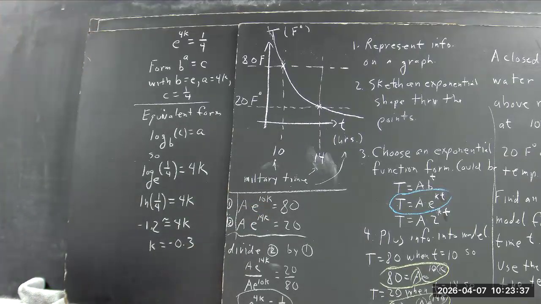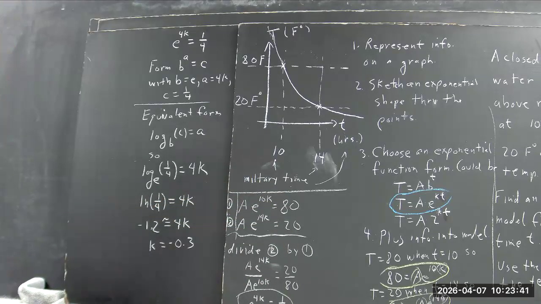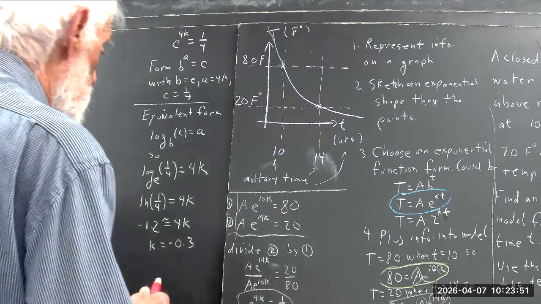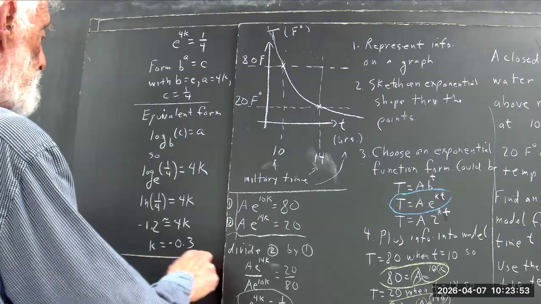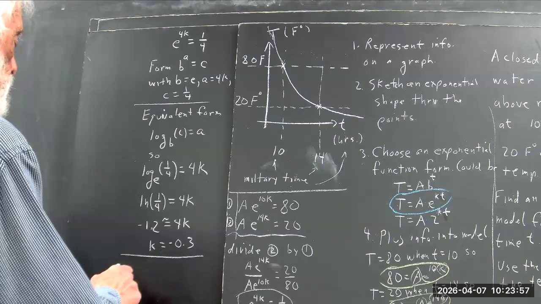How do we get a? We have to know a in order to get the model. So see if you can get a if you haven't already. Okay, hopefully you've paused and gotten the model for a. Just take the first equation.